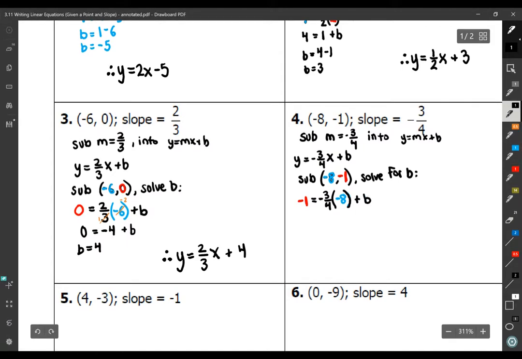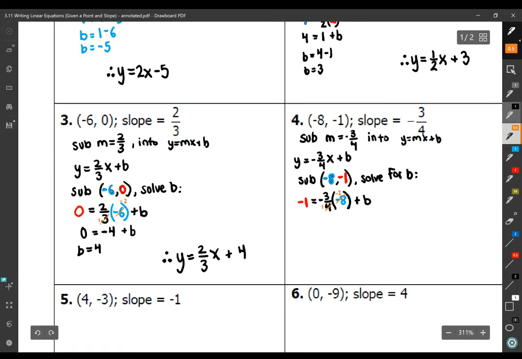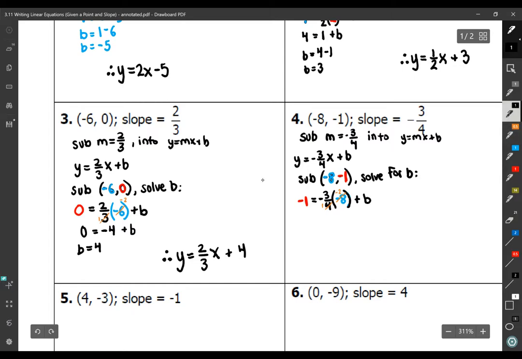So plus b. So let's do that again. Sorry. Right? This can simplify to 1 over negative 2. Right? Negative 8 over 4 simplifies to negative 2 over 1. And then we get negative 1 is equal to negative 3 times negative 2.